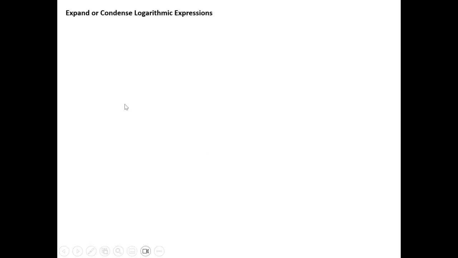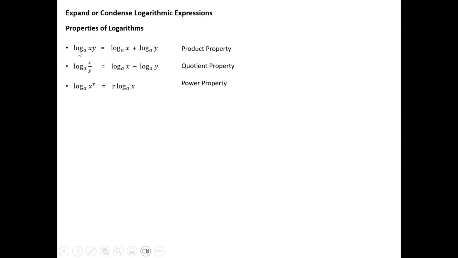Okay. Now, this is going to be expand or condense logarithmic expressions. So these are the rules that we got to apply. If you have log of base a of x times y, we expand it by doing the log of a x plus log of a y. The quotient rule, you have log of base a of x divided by y, there's going to be subtraction.